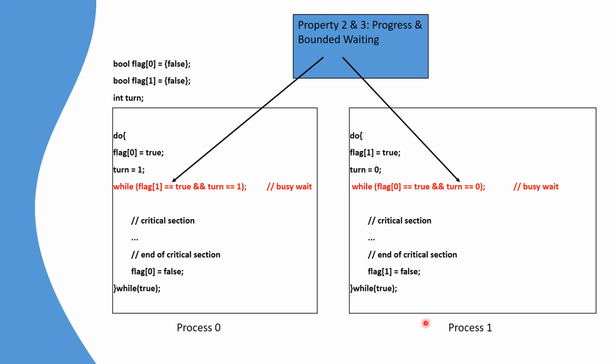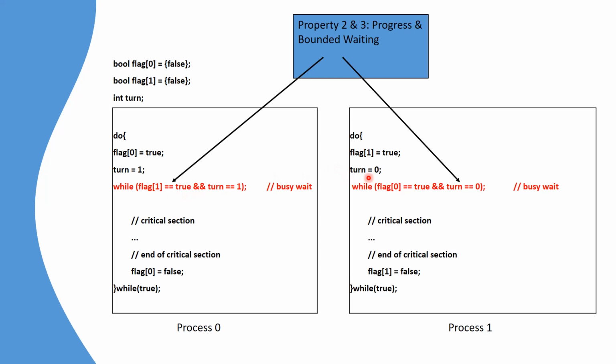Or if process 1 is outside the critical section and process 0 wishes to enter, process 1 has turned the flag value of 1 to true, so this condition is true.